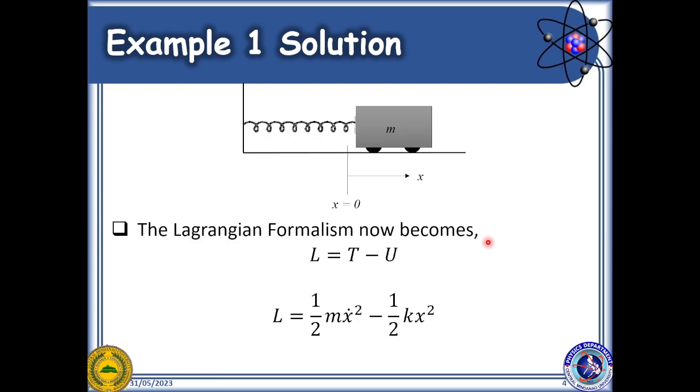Using the equation L is equal to T minus U, where T stands for the kinetic energy and U for the potential energy, the Lagrangian is now equivalent to 1/2 m x dot squared minus 1/2 k x squared after plugging in those equations.